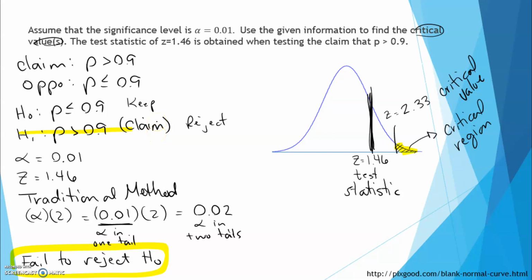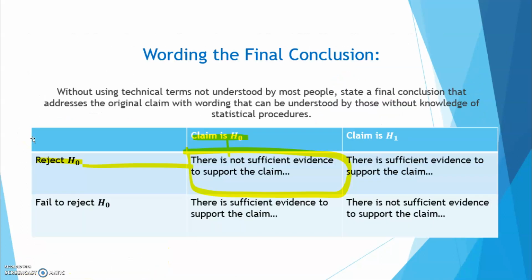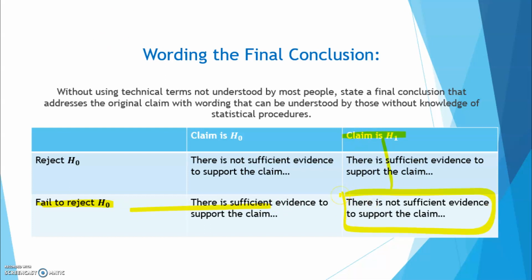Or what you could do is, okay, fail to reject H sub 0, the claim is H sub 1. We can go back to this right here. We are failing to reject H sub 0. The claim is H sub 1. So we are going to use this right here. There is not sufficient evidence to support the claim, and then whatever the claim is.